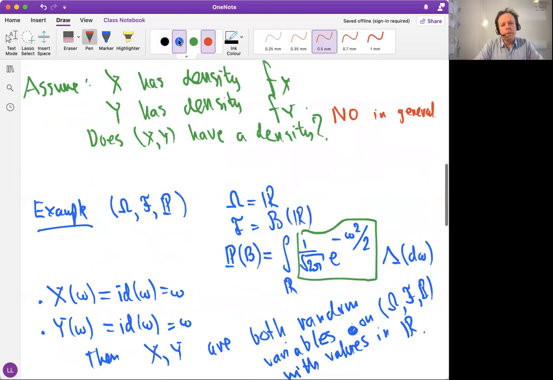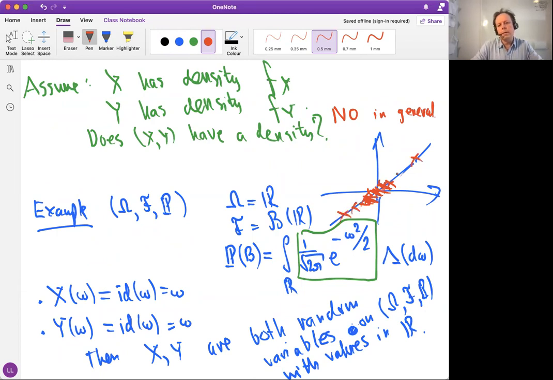How does this random vector look? If you sample from x, y, you would sample values on this line. If I sample, sometimes I sample here, quite often I sample close to the mean, which is the 0 here. And sometimes, rarely, I sample here, at one standard deviation. So approximately 20-something percent I would sample there.